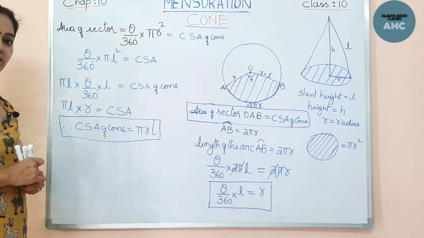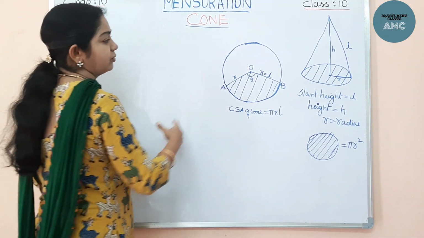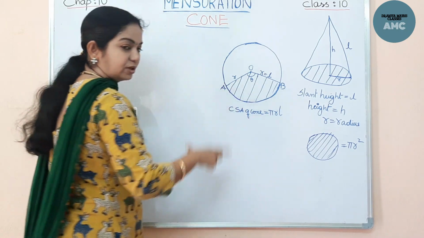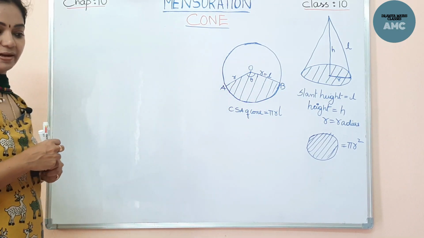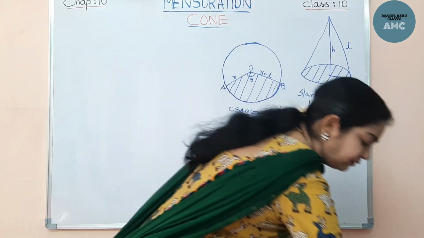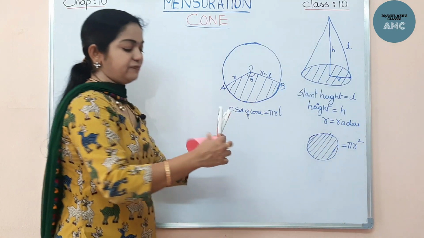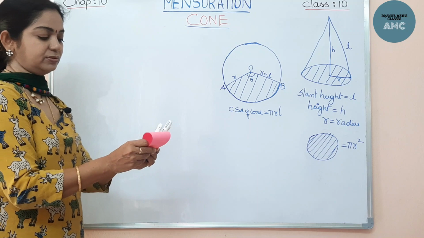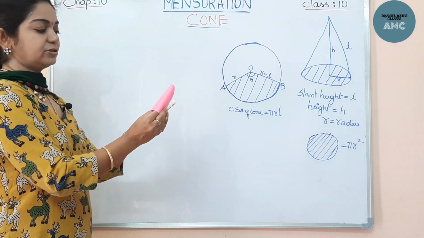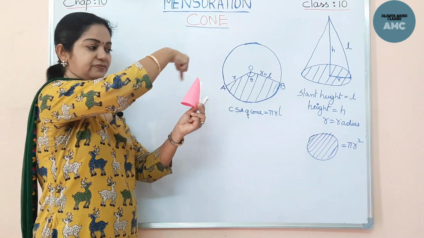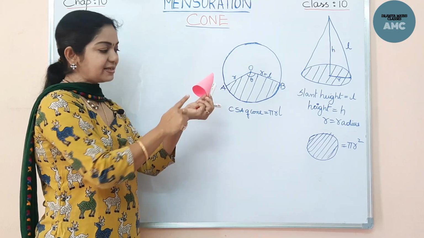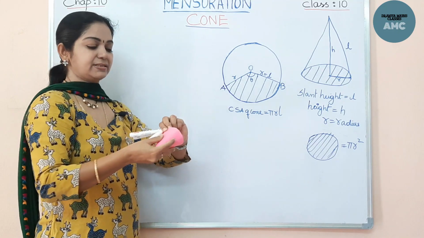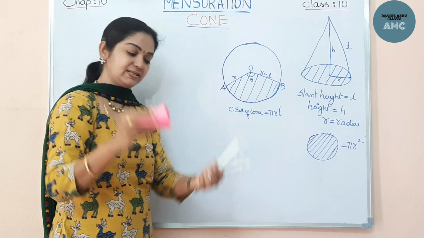We'll see the TSA of the cone. Now we know the CSA, we got the CSA as pi r L. Now we will find the total surface area. If you see the cone here, the total surface area is the CSA plus the area of the base. Base is the circle.